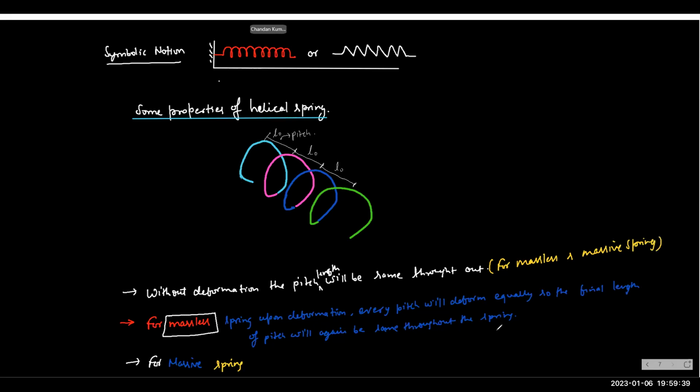But upon deformation, when you're trying to deform it, the massless will make sure that the variation is same everywhere, but the massive will not follow the same principle. So for a massive spring, the pitch length will vary upon deformation.